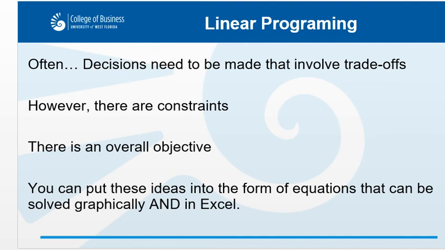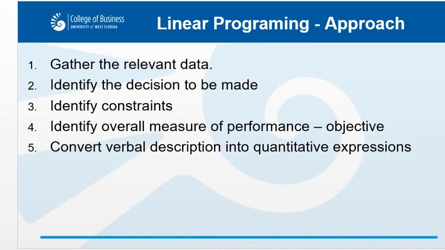And ultimately, though, I have to have an overall objective. I have to know what I'm trying to accomplish with the decision I'm trying to make. And then if there's some way for me to take all of this information and convert it into equations, I really can move it to an area where I can solve it graphically or in Excel.